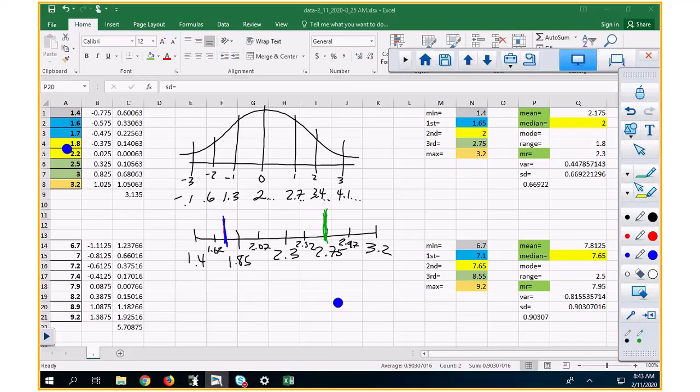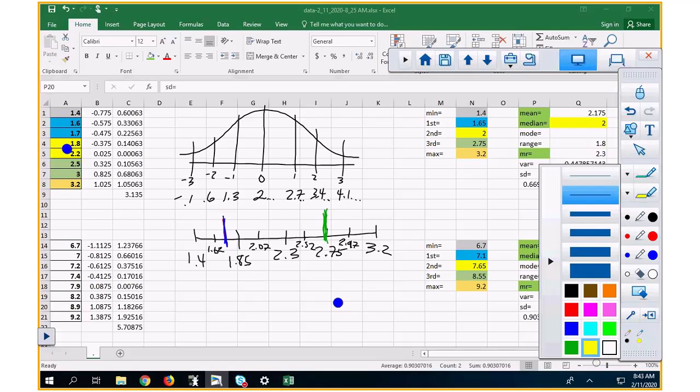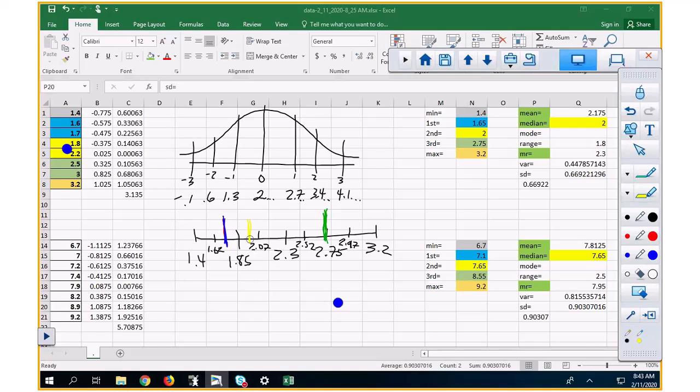And then my yellow button is 2. 2 is where? Right in here? So there's my box plot. I'm going to outline it in black. So it looks to me like the middle is 2.3. So what kind of a curve do we have? Looks like we got a little bit skewed right.